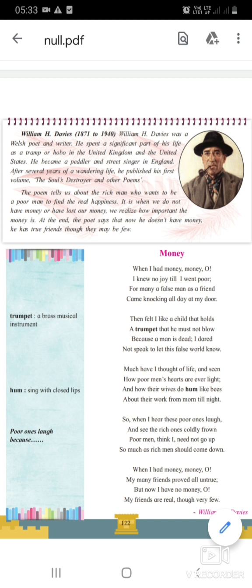See the fourth line of the same stanza. Not speak to let this false world know. Here, the figure of speech is metonymy. Why? False world. See these words. False world. World know. Not speak to let this false world know.